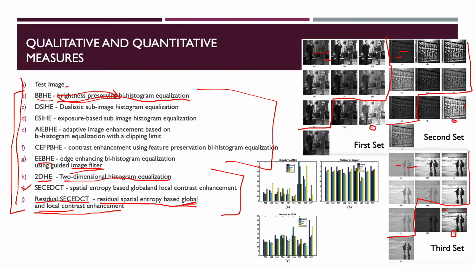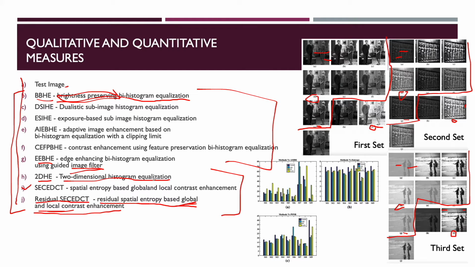The image D in the same class of images has significantly better contrast, and that corresponds to ESIHE. It also has a really high CII and contrast values, which also prevailed in the ith class of images. In G, we have edges which are retained due to the usage of the guided filter.